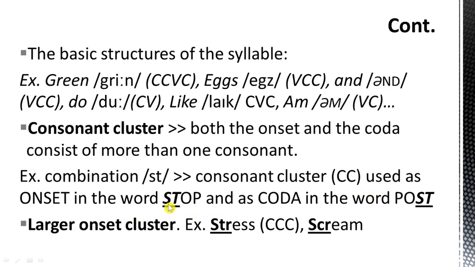So we have the combination of CC here, S and T. And as a coda in a word like pause, ST again at the end of the word. When we have a larger onset cluster, we can have a triple consonant like CCC, like stress and scream.